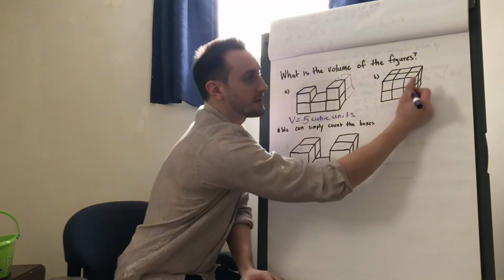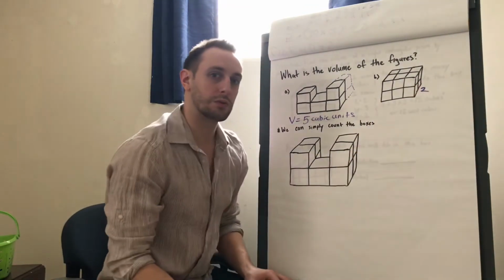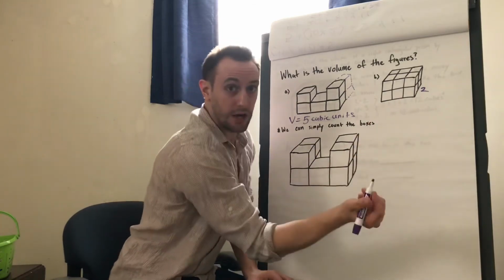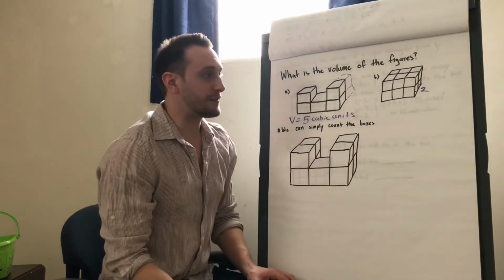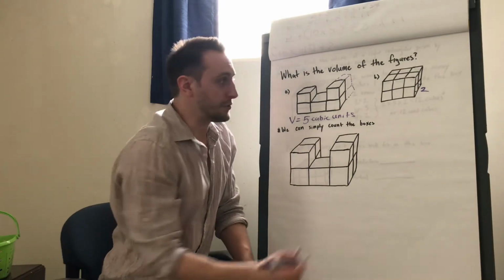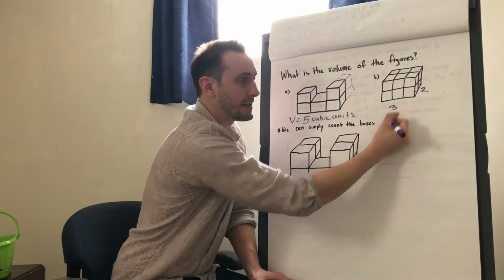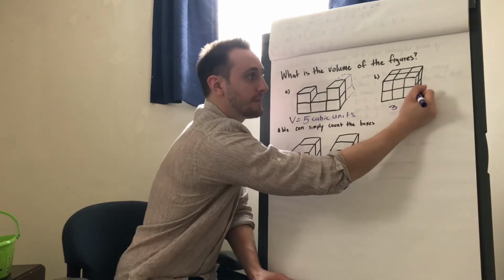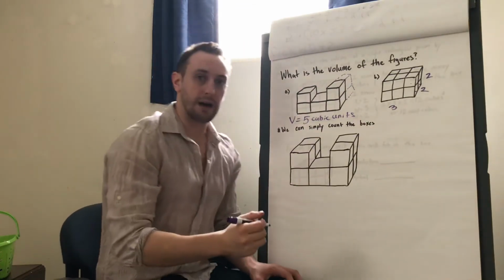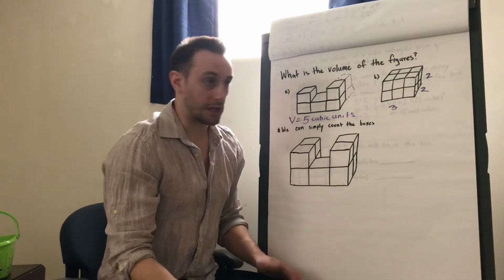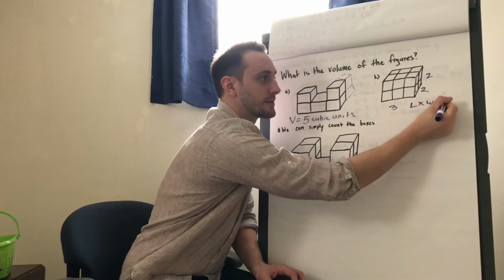The next one, you can see it has a length of 2. So how do I know? Because I counted. 1, 2. Now I need to find the width, which I'm going to do. 1, 2, 3. And now I need to know the height. The height is just count up now. 1, 2. So now, if I use my volume formula, it's going to be length times width times height.